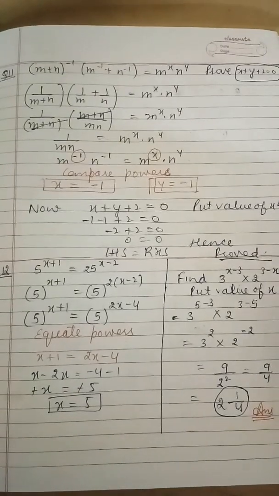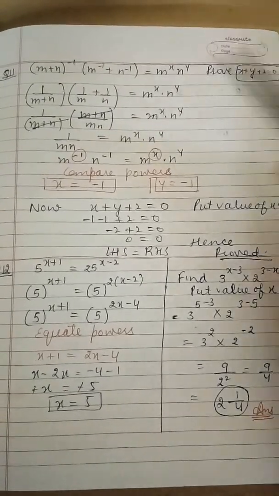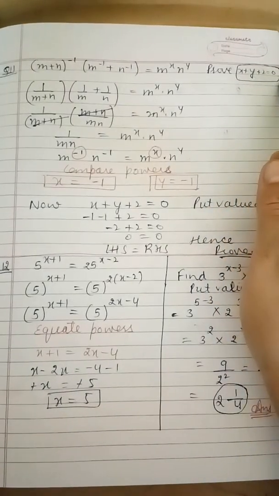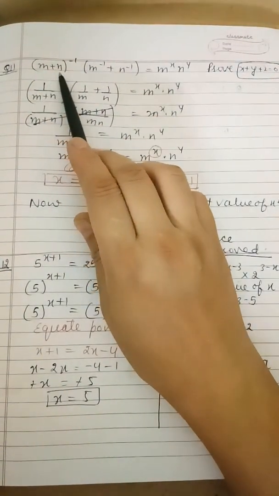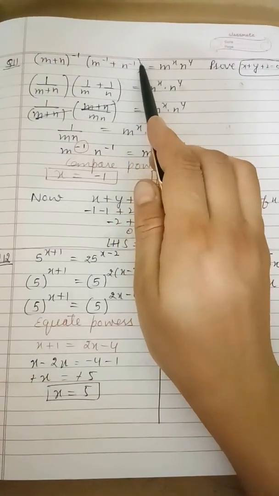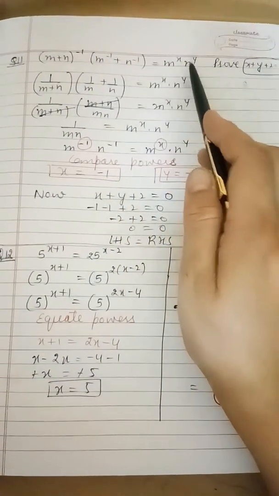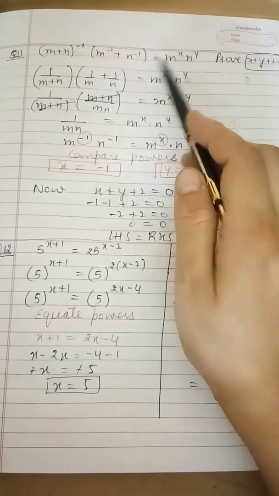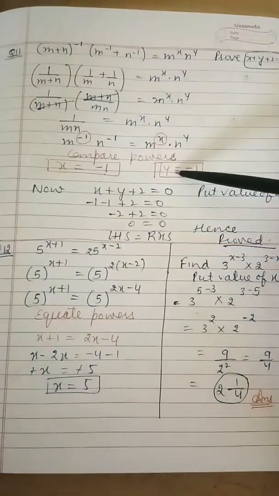Question number 8 and question number 9, hints are already given. Come to question number 11, where you are asked to prove x plus y plus 2 equals 0. So here (m plus n) raised to power minus 1 over m raised to power minus 1 plus n raised to power minus 1 equals m raised to power x into n raised to power y. We are supposed to find the value of x and y.